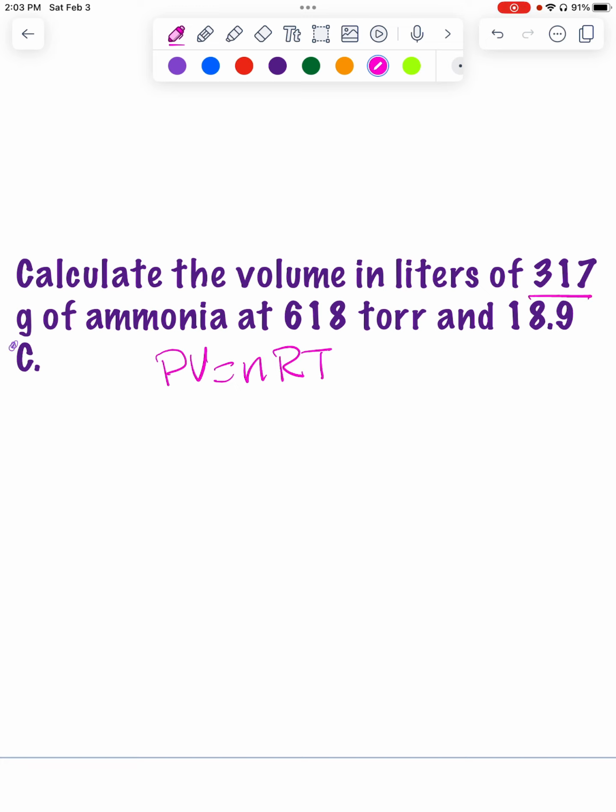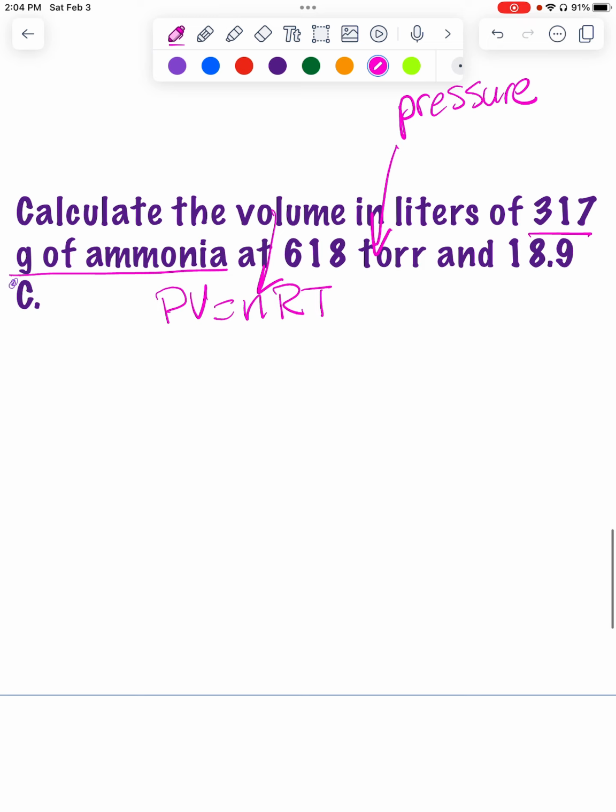We have 317 grams. Well, that's not moles, and you know where this is going. I have 618 torr, which is pressure. There is an R value for torr, but let's do a conversion instead. And we have 18.9 degrees Celsius, so we need to go to Kelvin. Let's do all those conversions really quick.